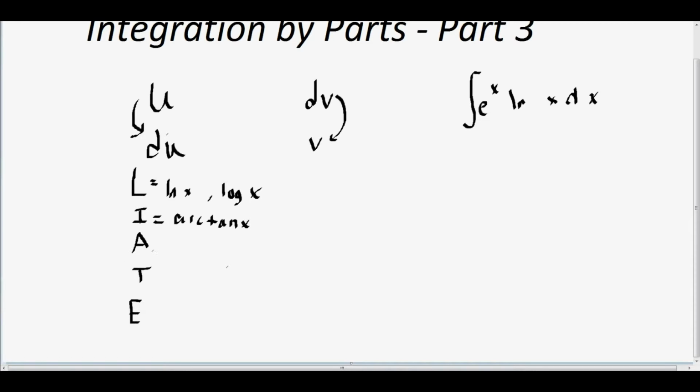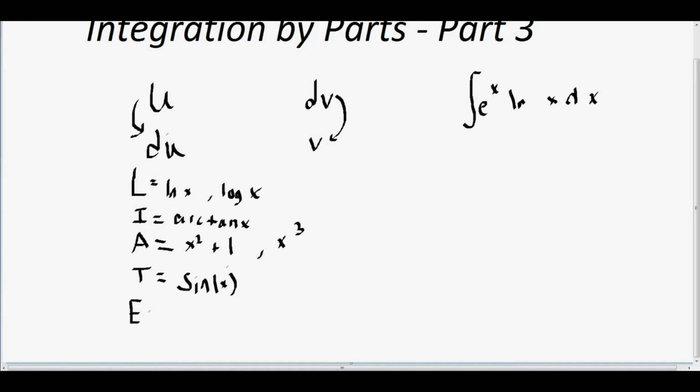A stands for algebraic, so that could be any algebraic function, like x squared plus 1 or x cubed. T stands for trigonometric, and that's sine x, cosine x, that kind of thing.